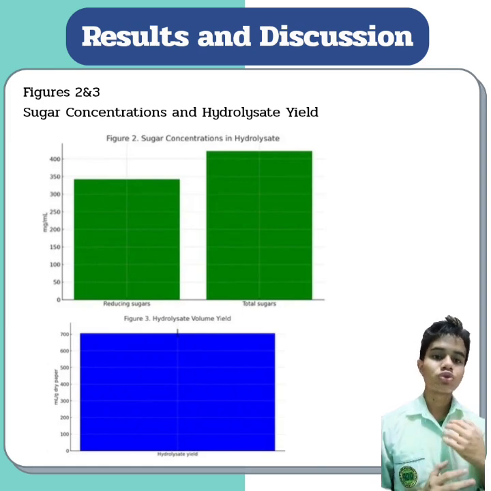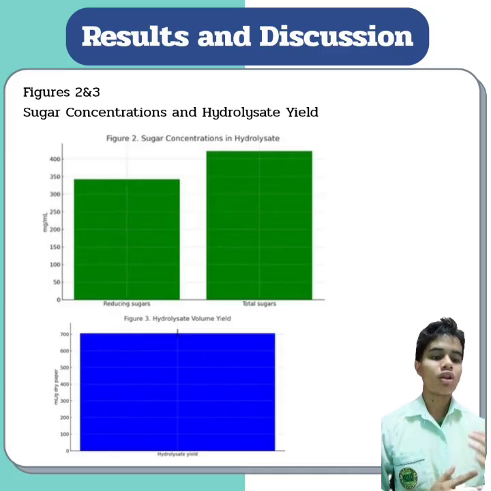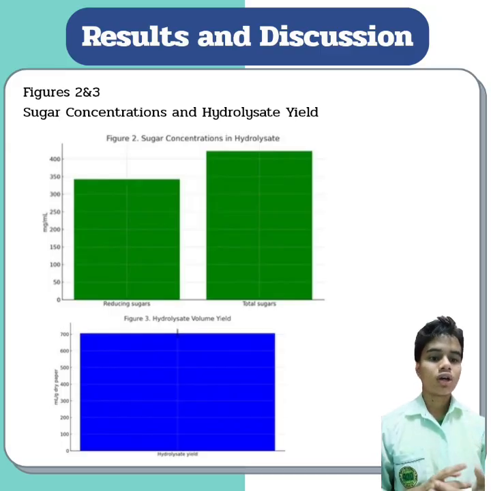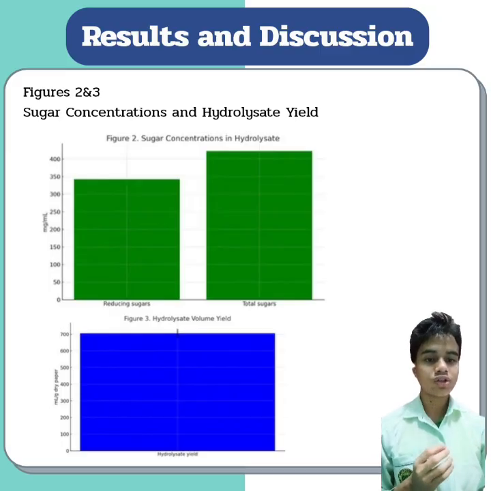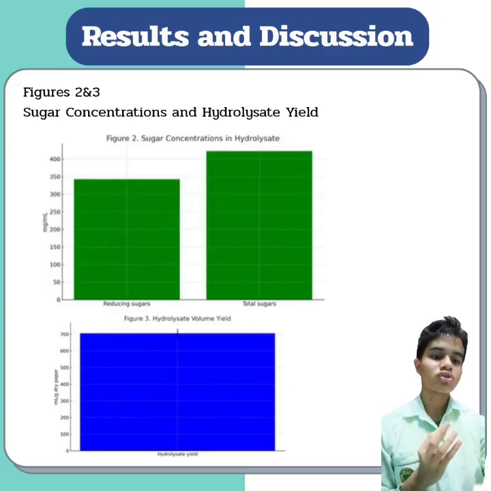Result, Figure 2 and Figure 3. Figure 2 and Figure 3 present the sugar concentration and hydrolyzate yield. The reducing sugar concentration was about 342 milligram per milliliter, while the total sugar concentration reached around 422 milligram per milliliter.